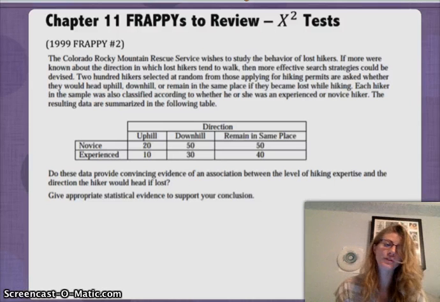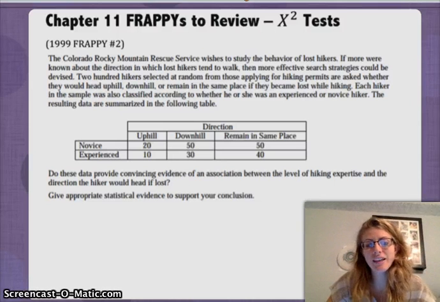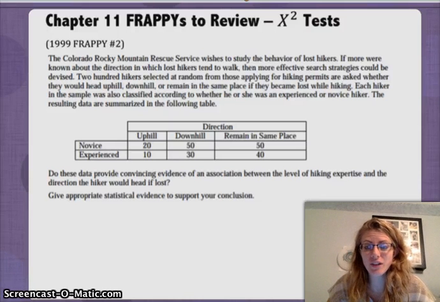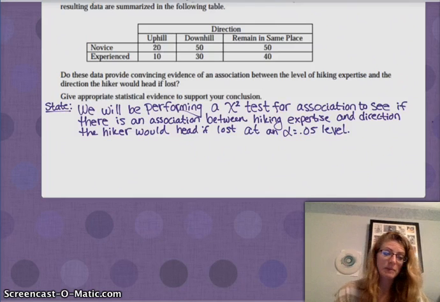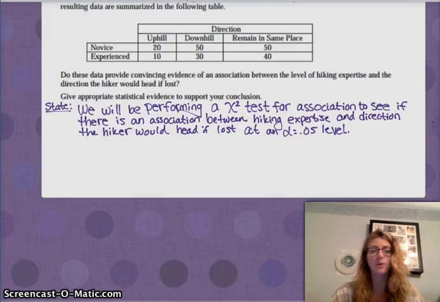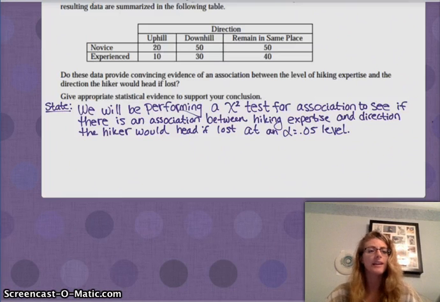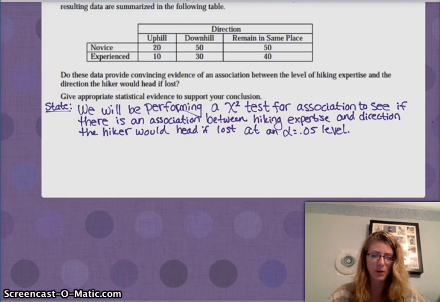Okay, because of that word association, you should be thinking chi-squared test for association or independence. Okay, so remember, number one, you have to state what you're going to do, at what significance level you're going to do it, and what your hypotheses are going to be. So we're going to be performing a chi-squared test for association to see if there's an association between hiking expertise and direction the hiker would head if lost at an alpha equals 0.05 level.